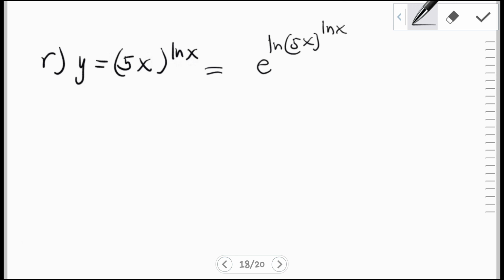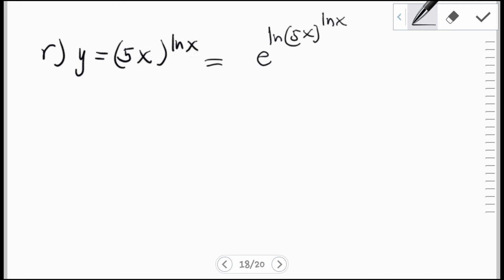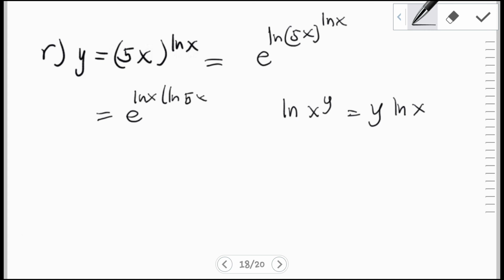Then take note again, ln x to the y is equivalent to y ln x. That is the property of logarithm. So in that case, e to the power ln x times the ln 5x.